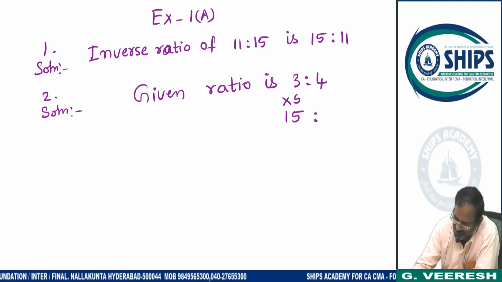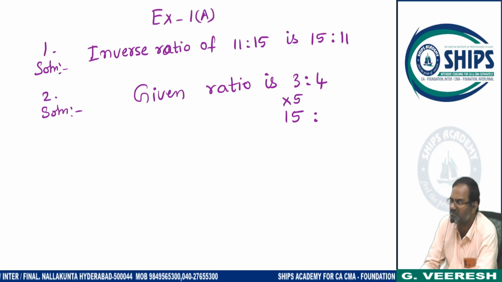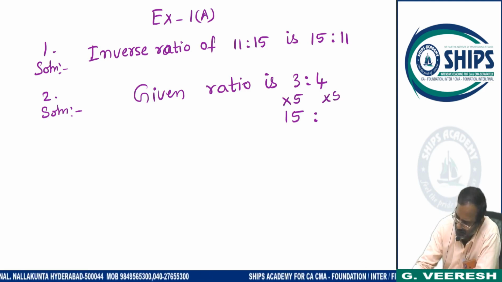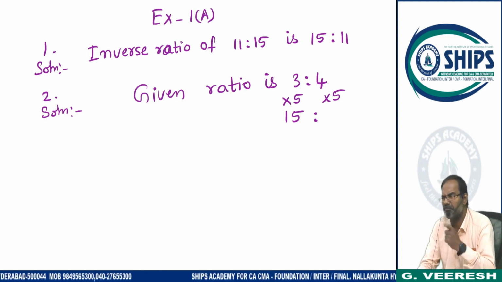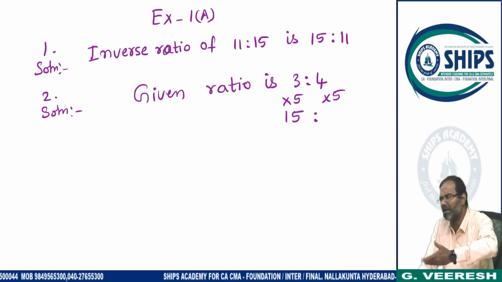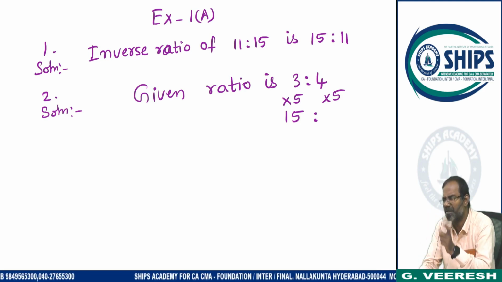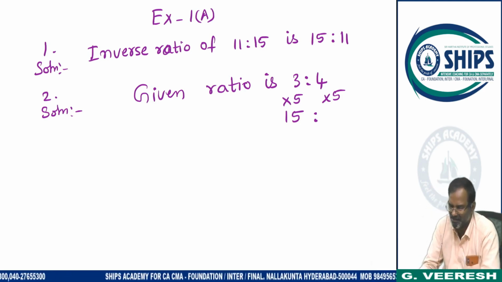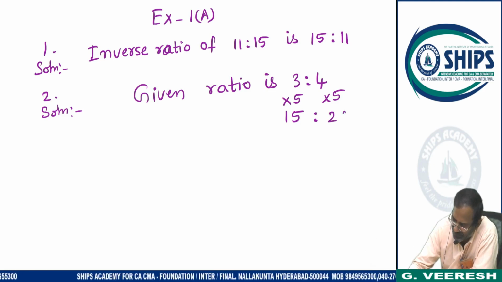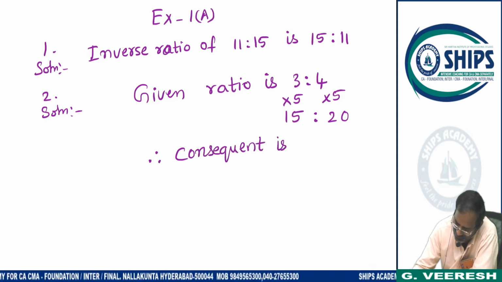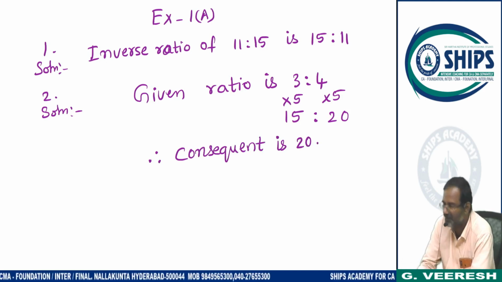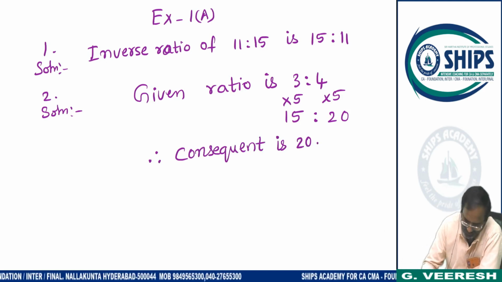So for the consequent, the same number I should multiply, the common multiple. If any term is already given, we have to multiply by that same number. So 4 times 5 is 20. Therefore the consequent is 20. Okay, clear? Now third one.